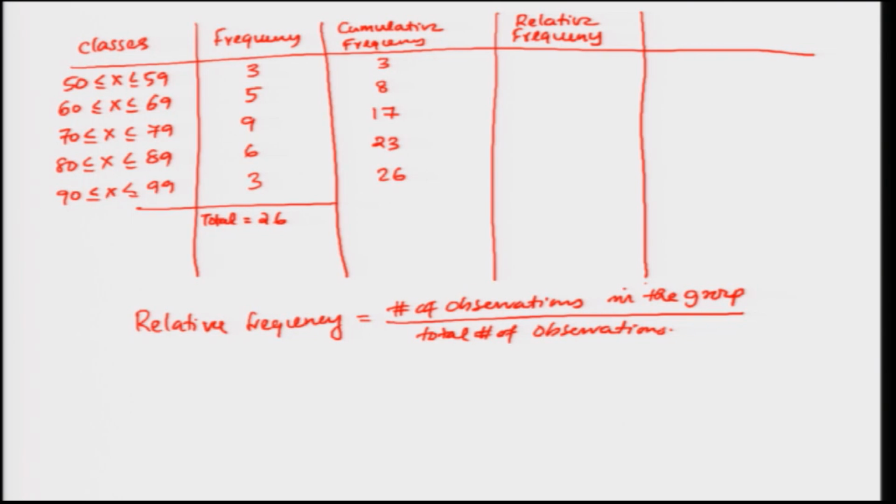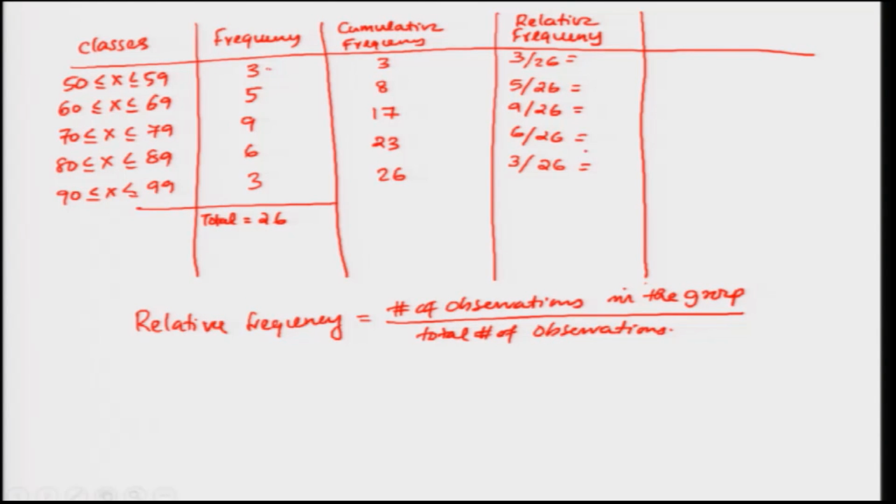So, in that case the relative frequency will be 3 divided by 26, then 5 divided by 26, then 9 divided by 26, then 6 divided by 26, then 3 divided by 26.